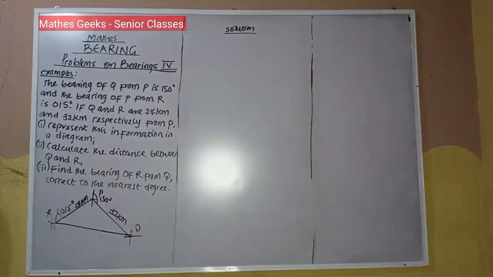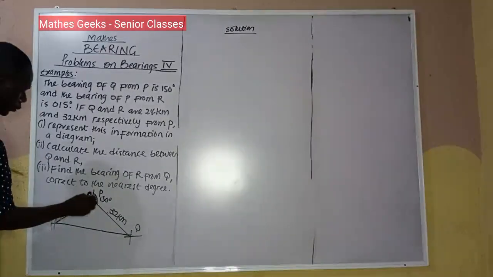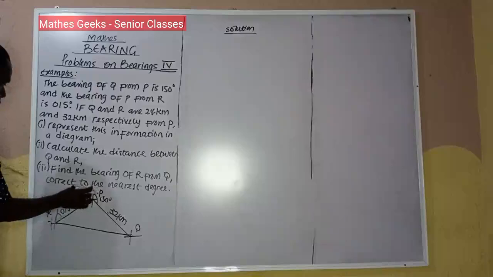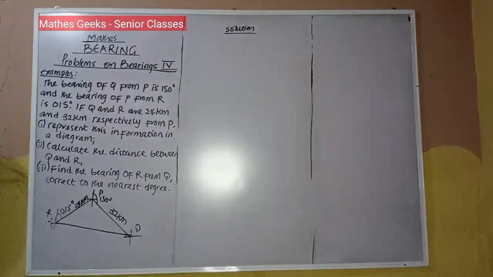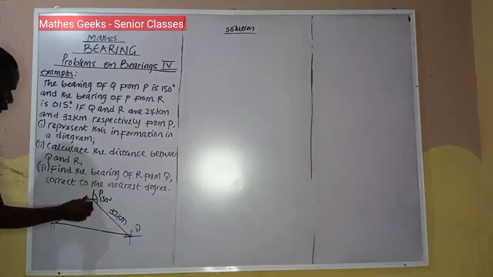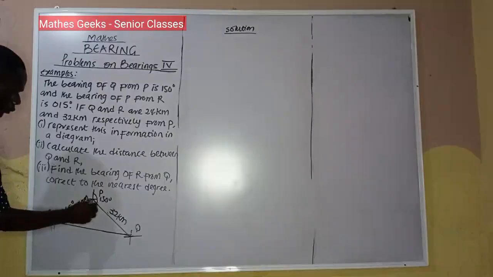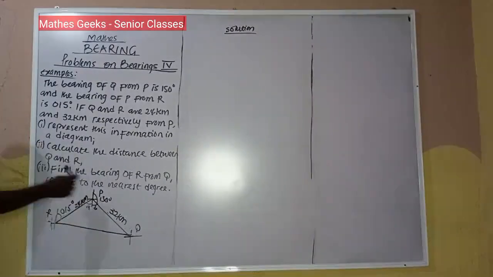We have the distance RQ. Calculate the distance between Q and R. We are looking for this, so we need to know this angle. We need here angle A and angle B, and we add these two angles together.